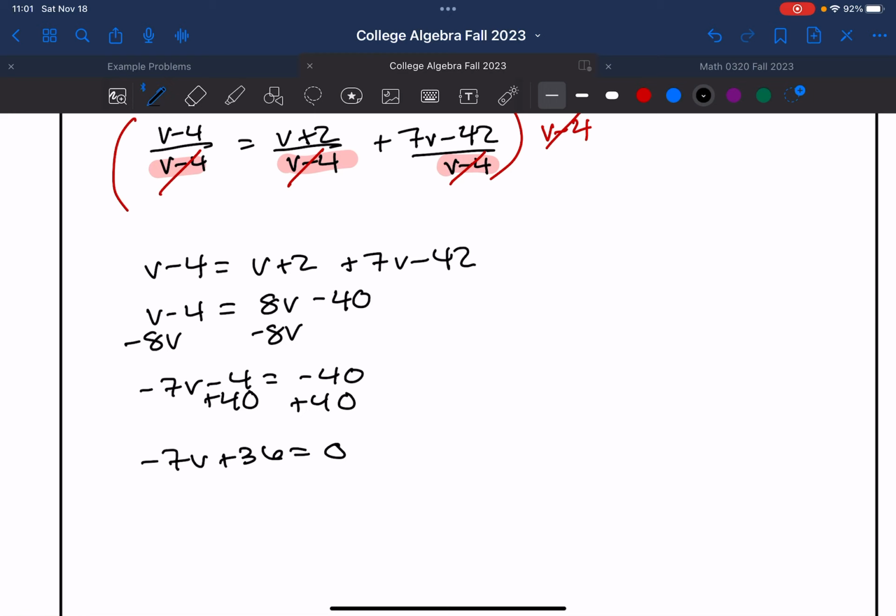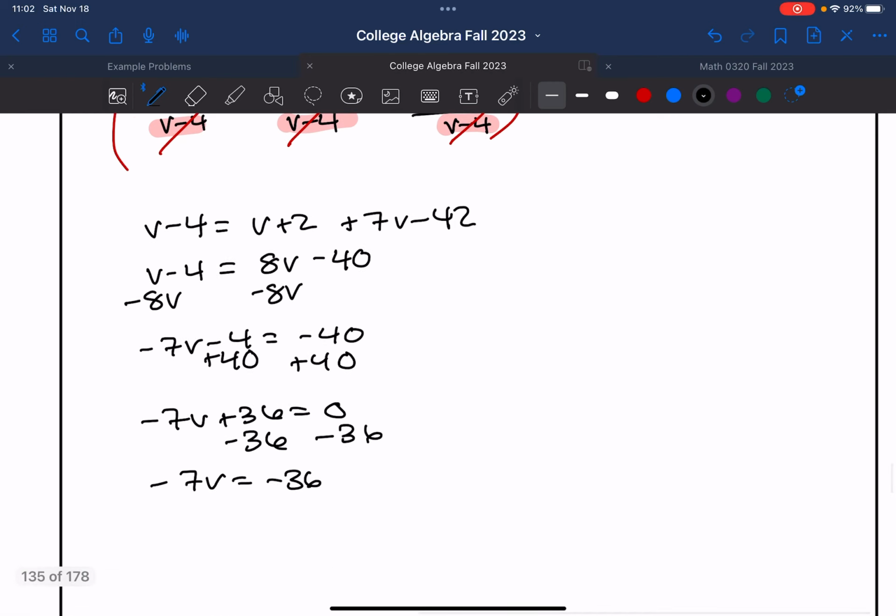I'm going to subtract that 36 over, which I could have done a few steps prior, but we get the point. We're solving for the variable, getting it by itself, and then dividing both sides by that negative 7.